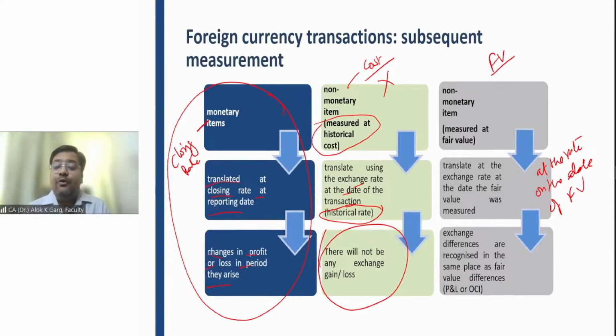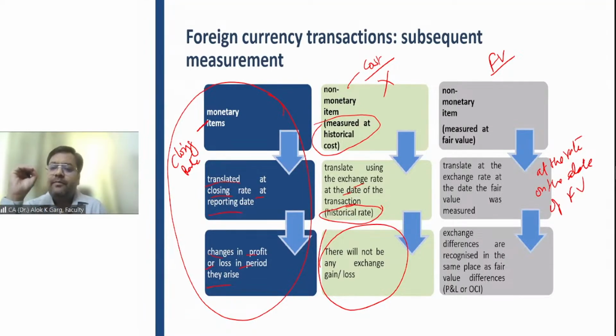The standard says that when you are doing a revaluation, a fair valuation, it means you are replacing your cost with a fair value, right? You are changing your cost. So when you are changing your cost and opting for the fair valuation or revaluation model, you have to restate the non-monetary item using the rate on the date of fair valuation.